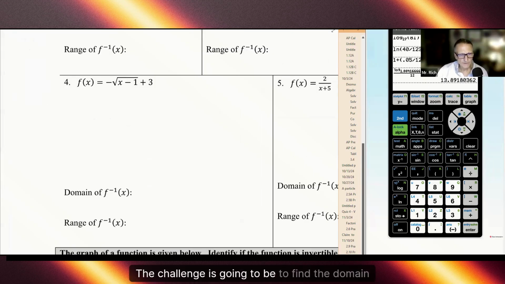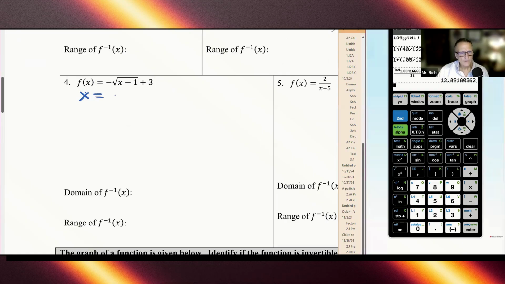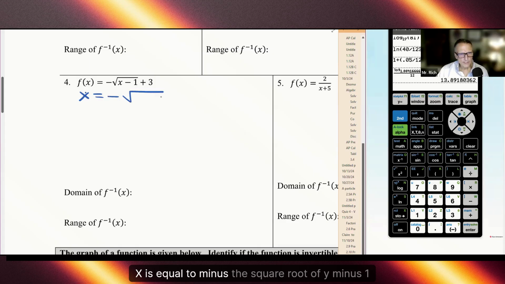Finding the inverse function is not the challenge here. The challenge is going to be to find the domain and range of the inverse function. When I find the inverse function, I'm going to first swap my x and y variables. So x is equal to minus the square root of y minus 1 plus 3.